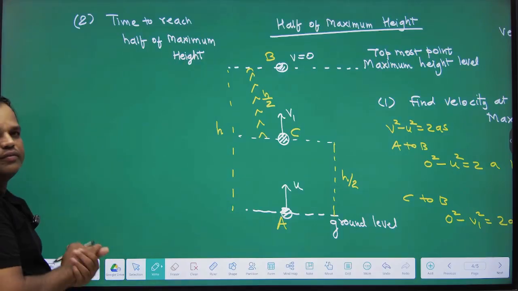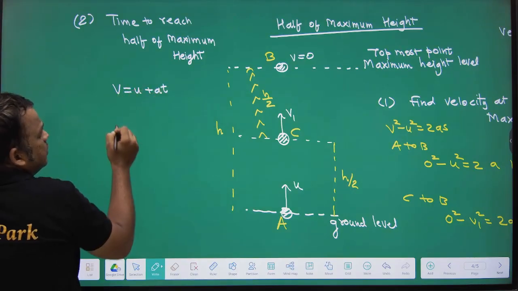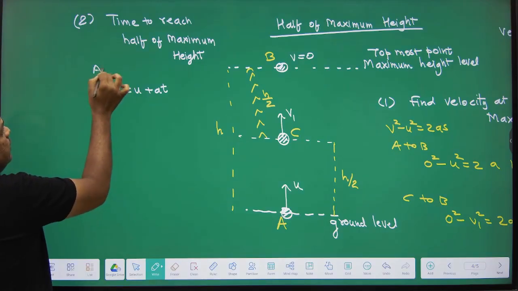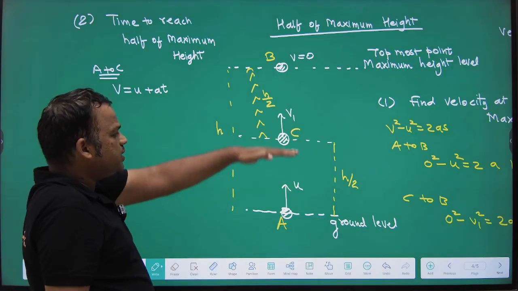So for that we will use v is equal to u plus at from A to C. A to C. Time to reach half of maximum height.